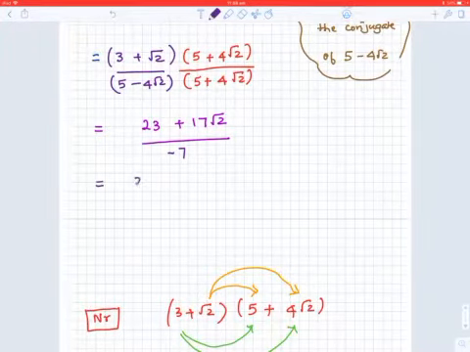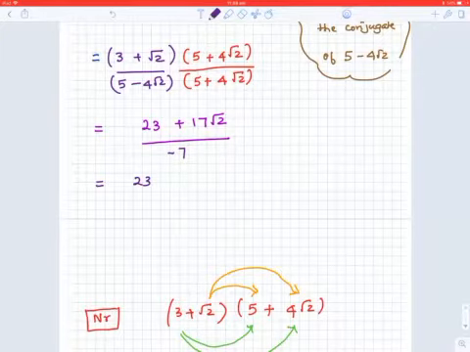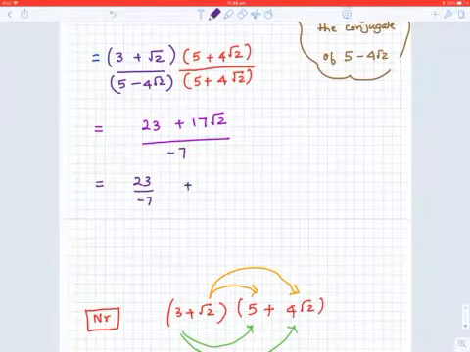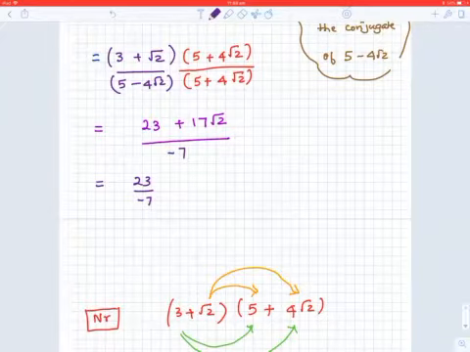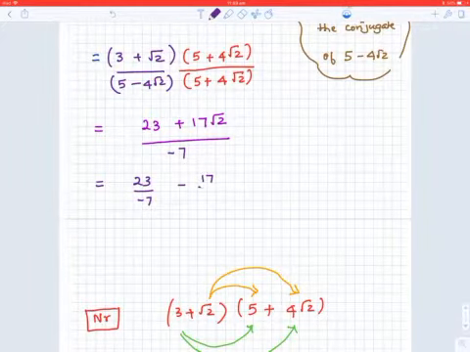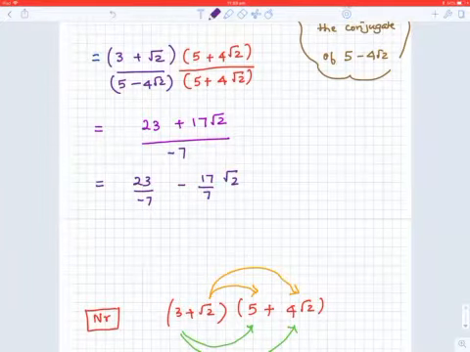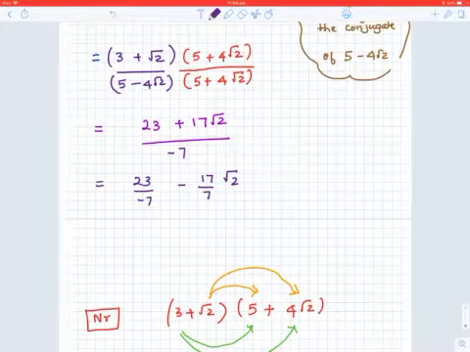I go back to the question and I put negative 7. So now we can write this as 23 over minus 7 plus minus 17 over 7 root 2.